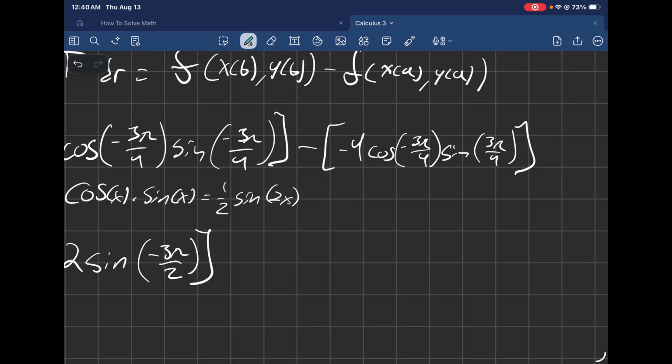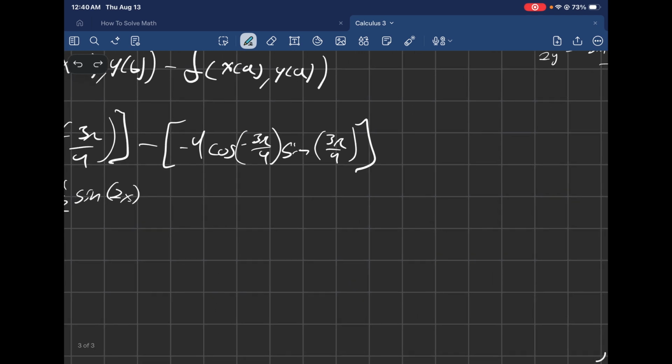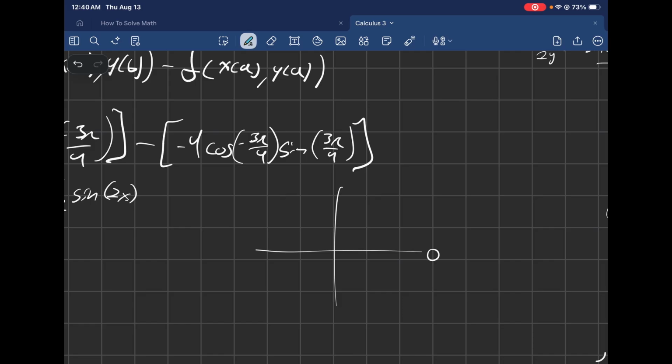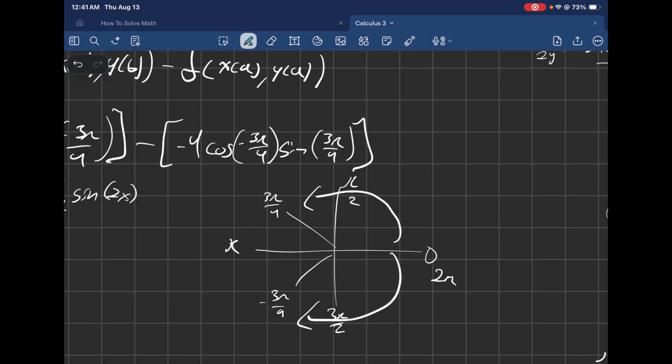Now for the second part, these are different inputs, but let's remind ourselves that in the unit circle, we're right here, where 3 pi over 4 is here, a positive 3 pi over 4 would just be going this way, whereas a negative 3 pi over 4 would just be going this way.